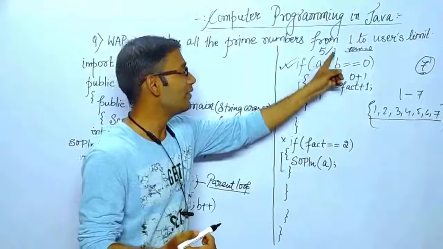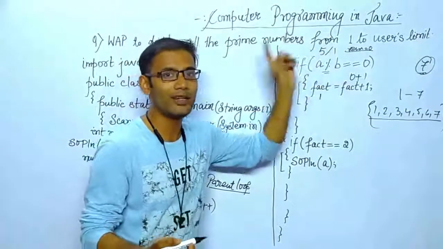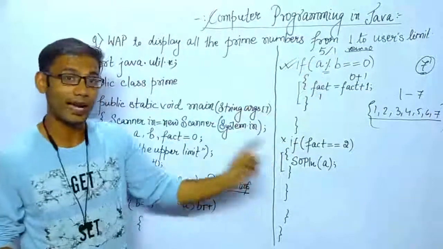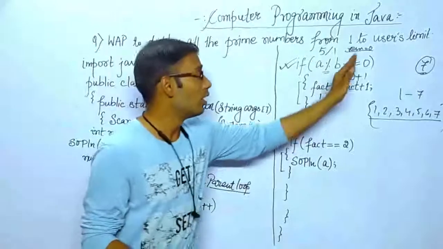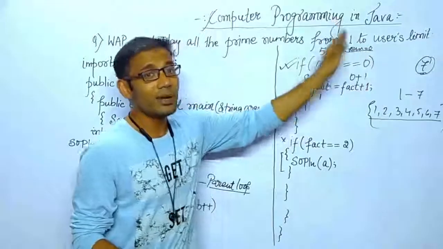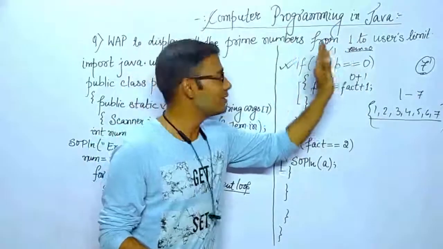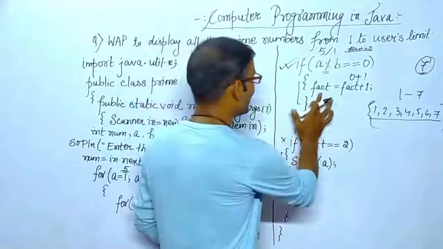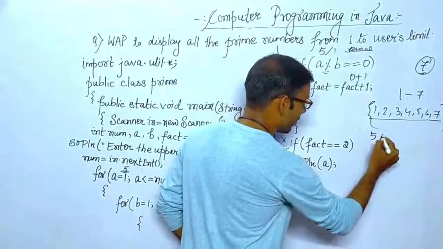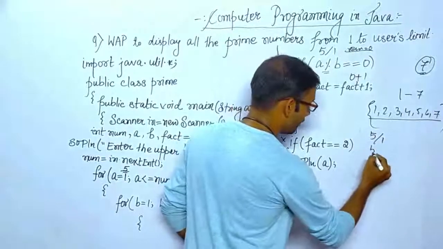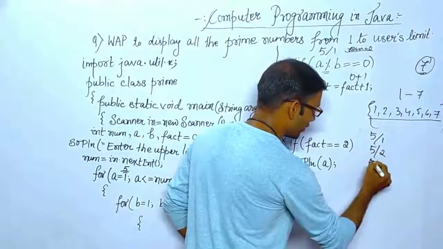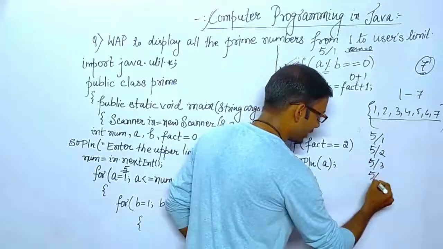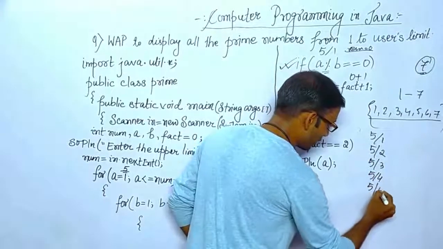That means 5 divided by 1, 5 divided by 2, 5 divided by 3, 5 divided by 4 and 5 divided by 5. On division, if the remainder comes to be 0, then the value of fact will be increased. So let's check out: 5 divided by 1, 5 divided by 2, 5 divided by 3, 5 divided by 4 and 5 divided by 5.